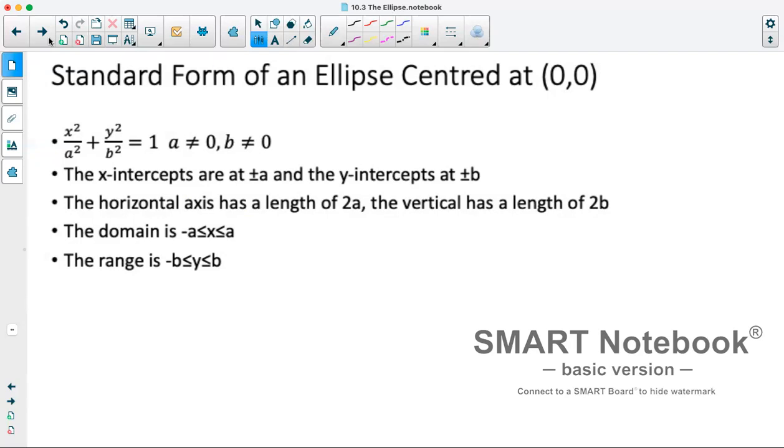The x-intercepts are at plus or minus a, and y-intercepts at plus or minus b. The horizontal axis itself has a length of 2a, and vertical has a length of 2b. And our domain would be from negative a to positive a, and range from negative b to positive b.